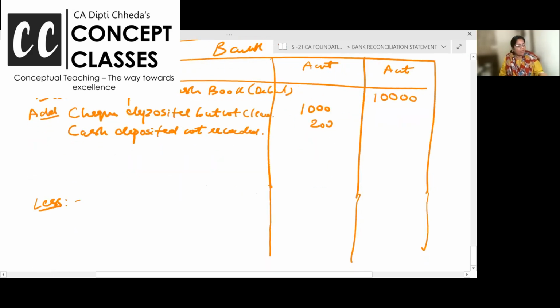A check issued for 1250 was recorded as 205 in the cash column. Okay? So you have issued the check of 1250, but it was recorded as 205. That too in the cash column.